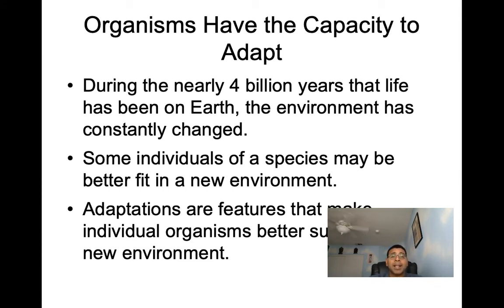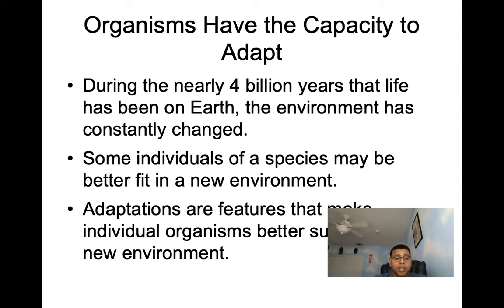As the environment changes, individuals of a species, which is defined as a group of organisms that can successfully interbreed and produce fertile offspring, may possess certain features that make them better suited to the new environment.